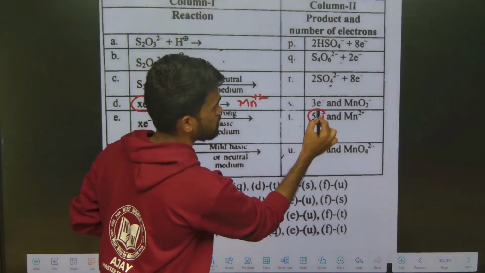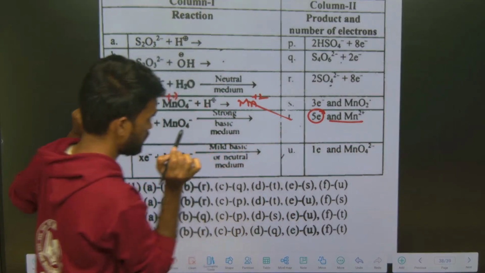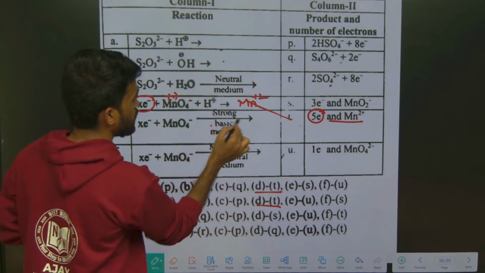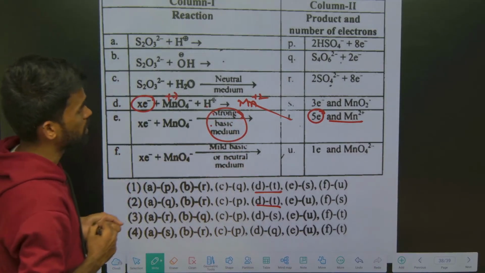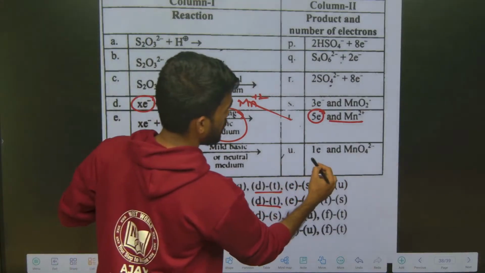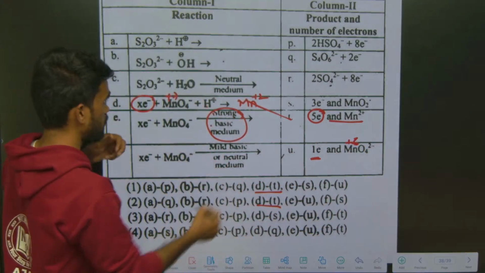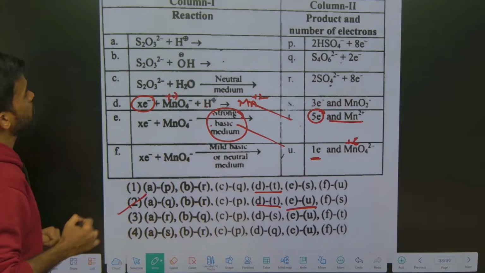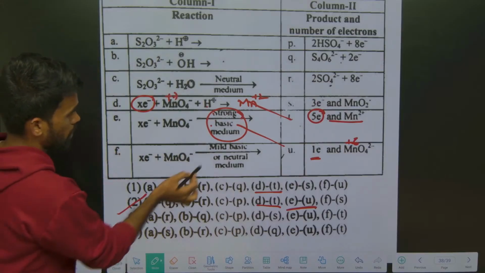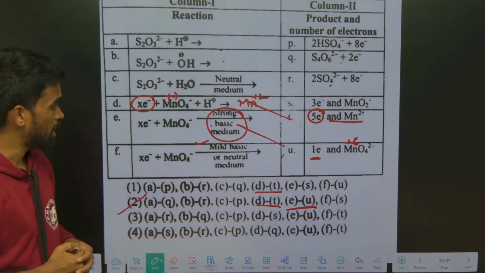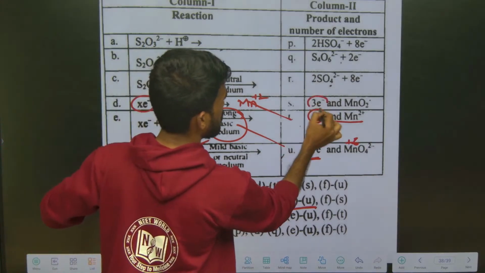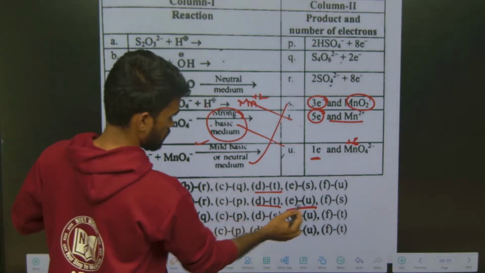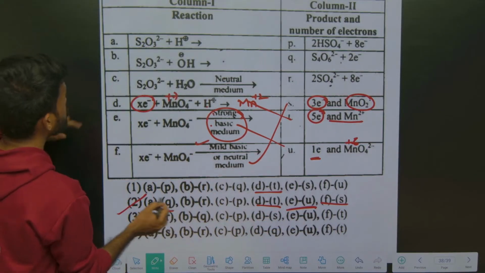So here 5 electrons, plus 2 ion, so it is D, T. And after that, strong basic medium: plus 6, 1 electron, so E, U only. Again, mild or neutral medium: plus 4, by gaining 3 electrons, so it is F, S.